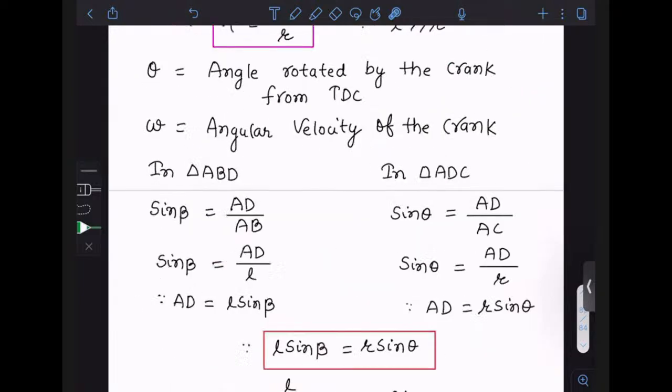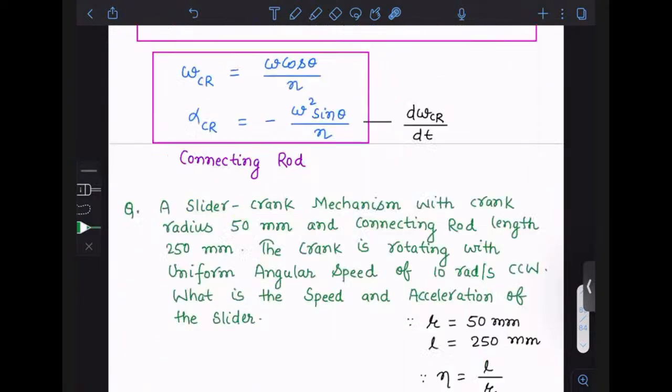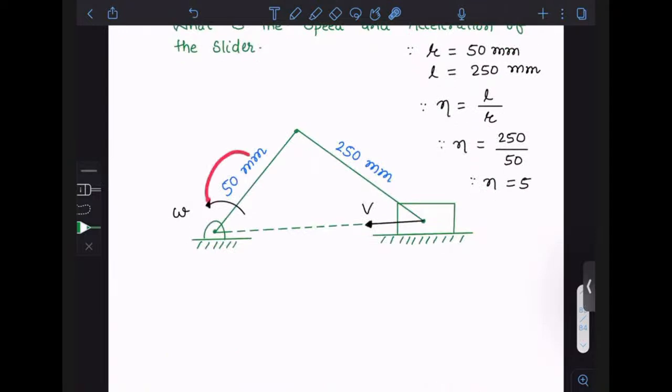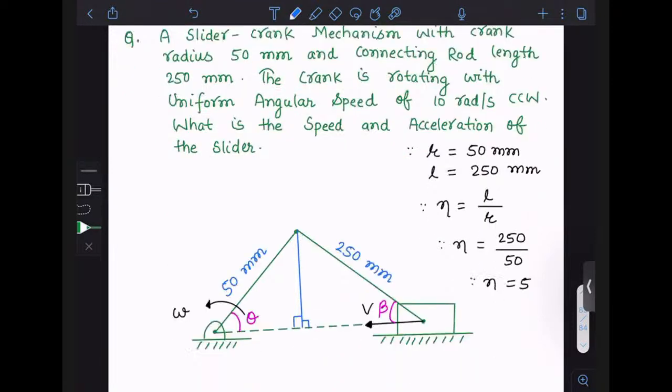So the angle between the crank and the horizontal is your theta, and this is your beta, but beta is not important. Now you can draw the perpendicular here. It is going to be like this, everyone. Clear?